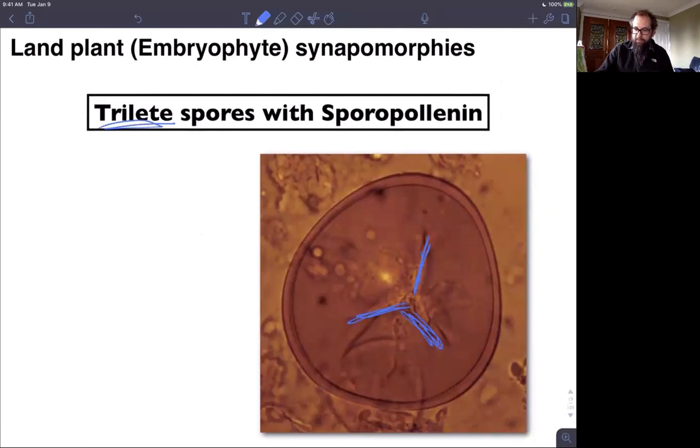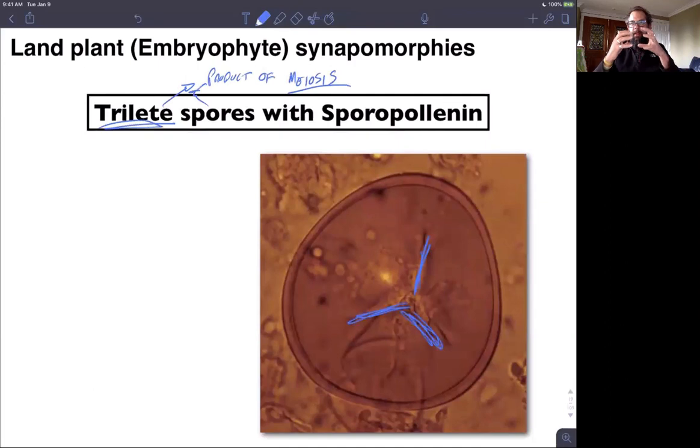Remember, spores are the product of meiosis. Spores are the first cell of the gametophyte generation that germinate and form that mature gametophyte.